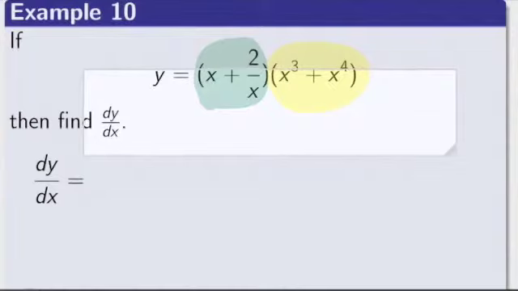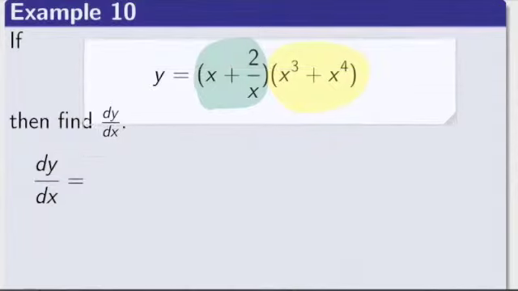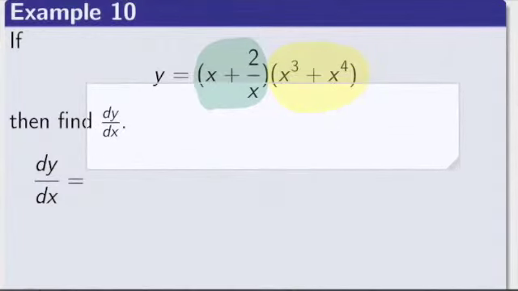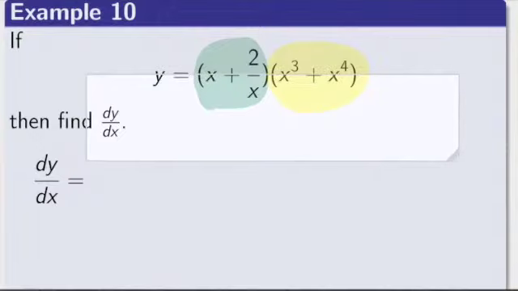But before doing that, let's write y, or the right hand side of this equation, in a more convenient form. So the first function can be written as x plus 2 x raised to the power minus 1, because 2 on x is in fractional form.